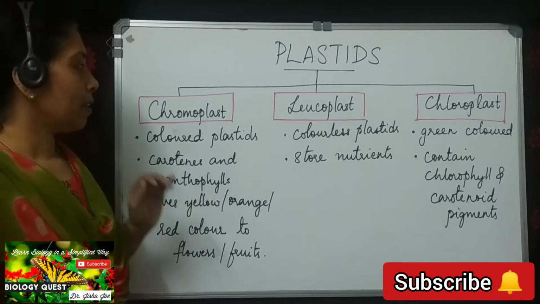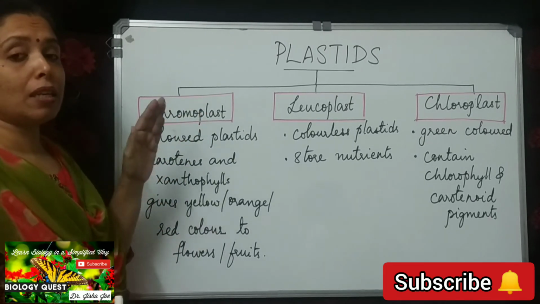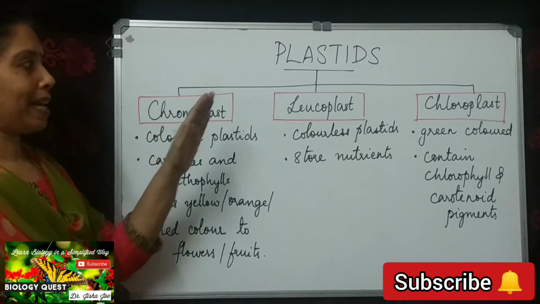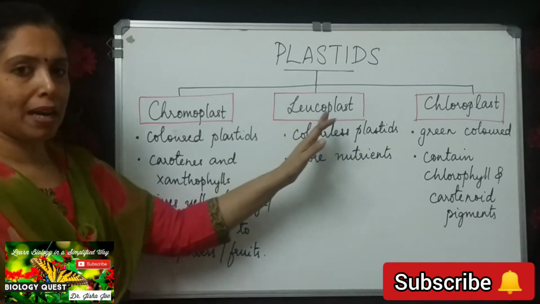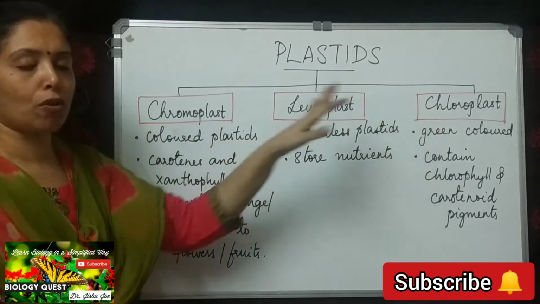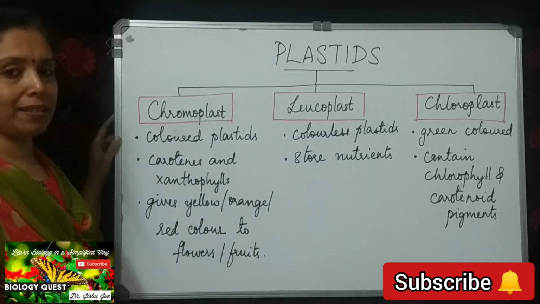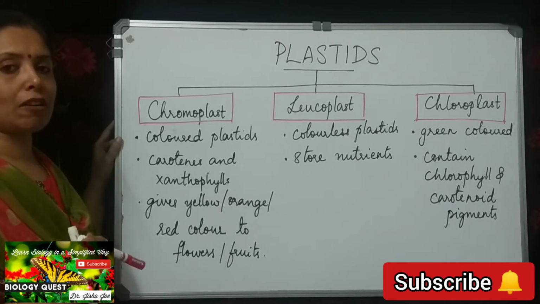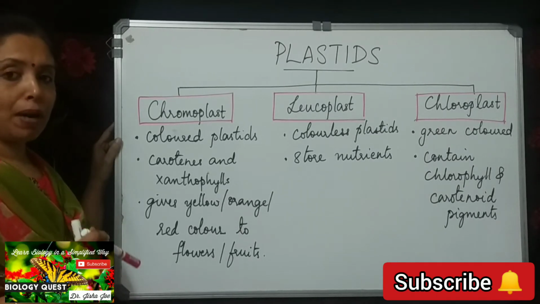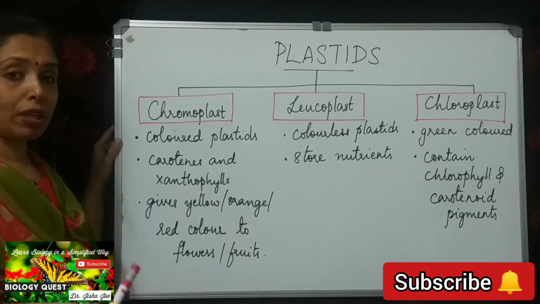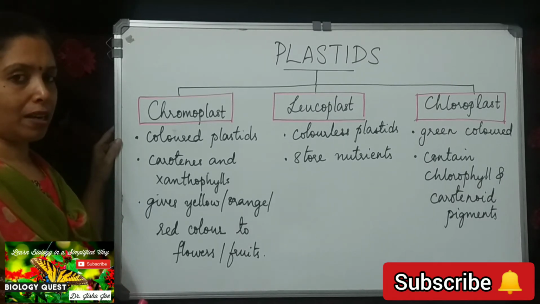So once again, based on the type of pigment present, plastids are divided into three: chromoplast, leucoplast, and chloroplast. Chromoplasts are colored plastids, and they contain the fat soluble carotenoid pigments like carotenes and xanthophylls, which impart the red, yellow or orange color to the fruits or flowers.